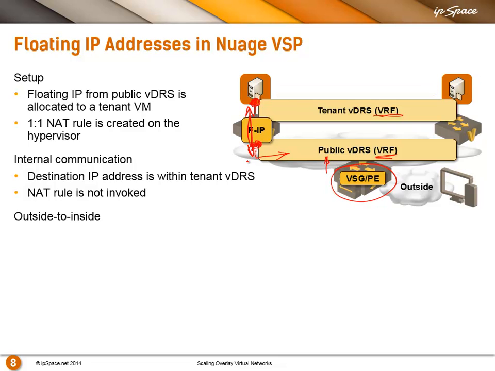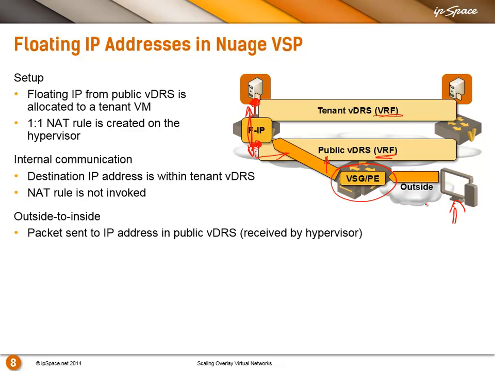If, on the other hand, the packet is coming from the outside to the inside, so someone wants to talk with that VM over there, the packet hits the public IP address, which is on the hypervisor. This public IP address is made reachable because the hypervisor is announcing it into the public VDRS.